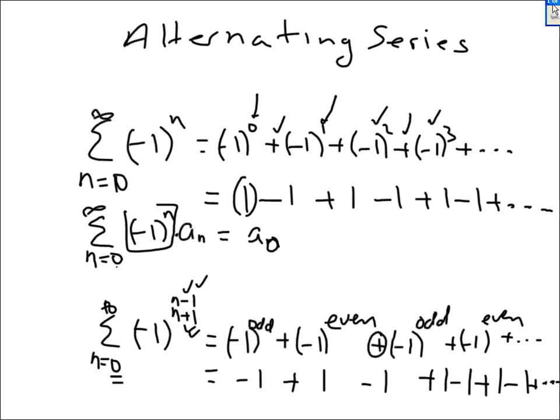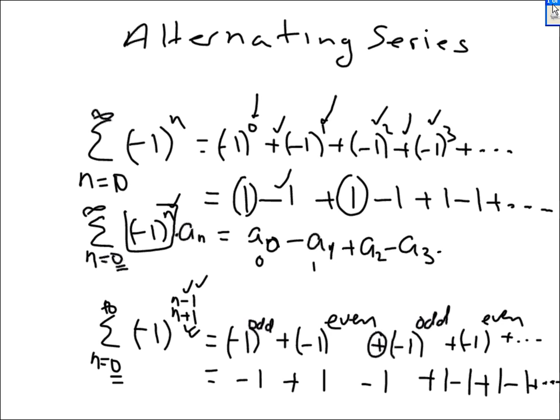Sometimes you can start at 0, sometimes you start at 1, it doesn't really matter. And then negative 1 to the 1 is negative 1, so you get negative 1 times a1. Now n is 2, so negative 1 to the 2 is plus 1 times a2.